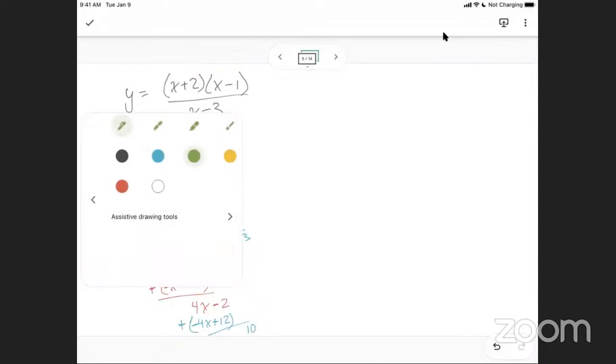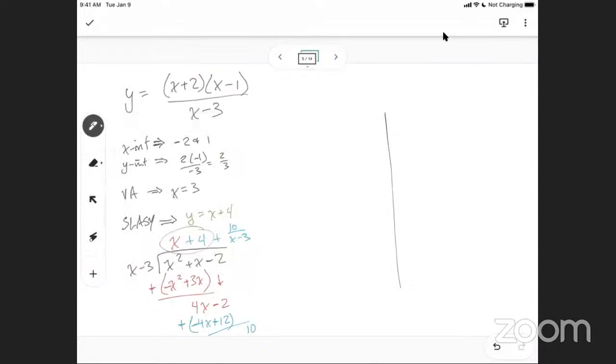Okay, so let's take a look at what the graph looks like. I have x-intercepts of -2 and +1. I have a y-intercept of 2/3. I have a vertical asymptote of 3.